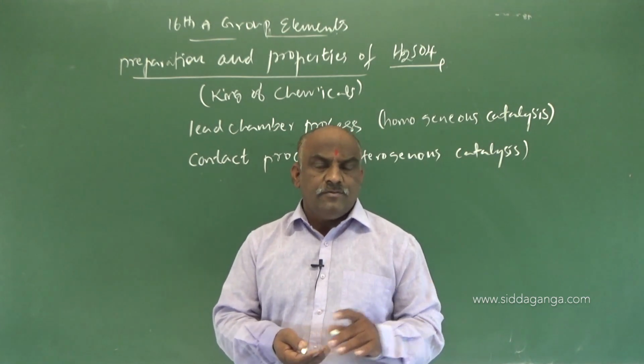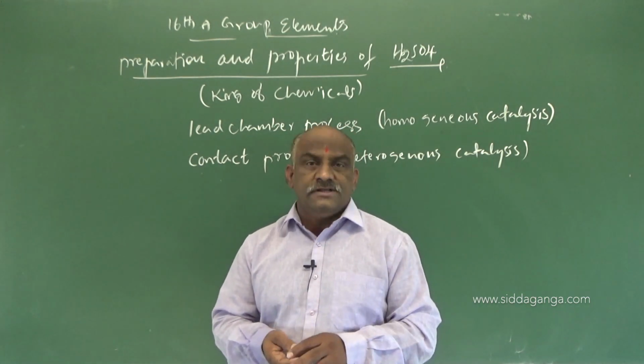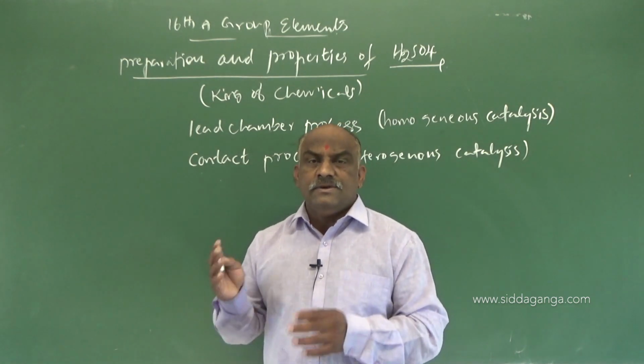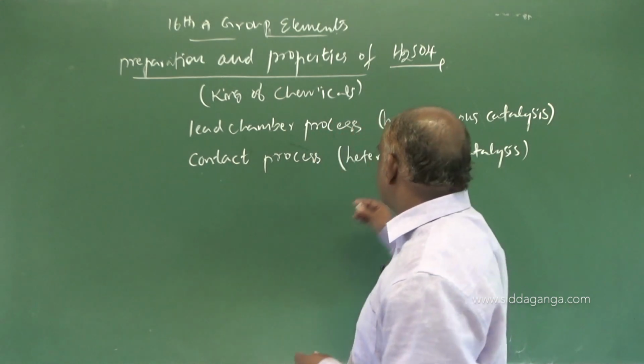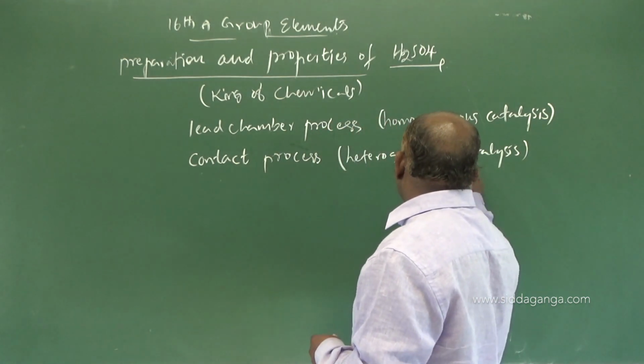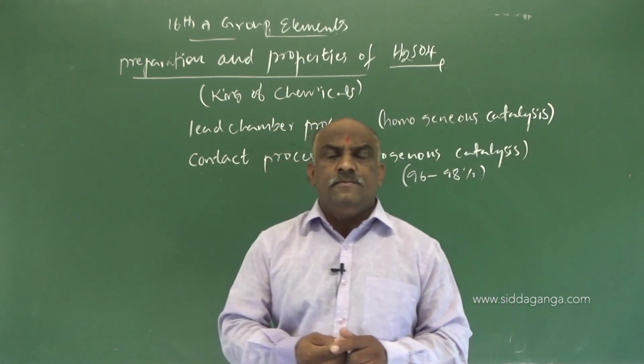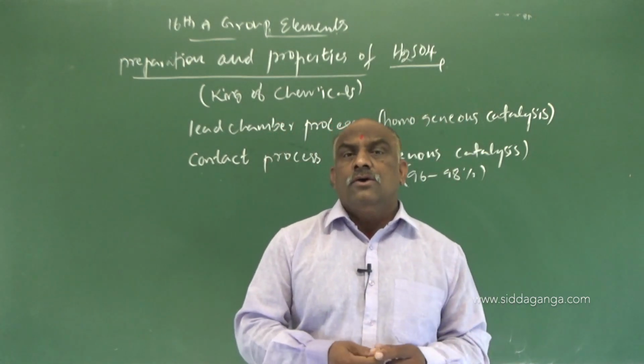The complete information on homogeneous and heterogeneous catalysis is available in the topic surface chemistry, so no need to bother about that. From this method, we get sulfuric acid of nearly 96 to 98% concentration.